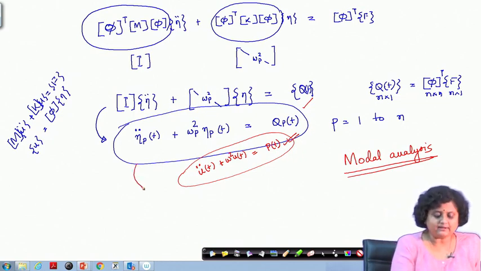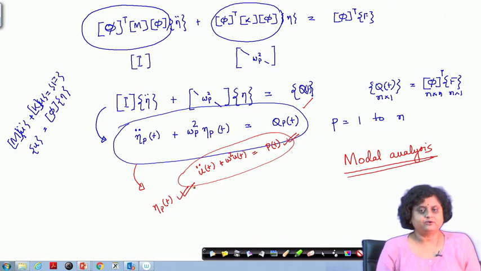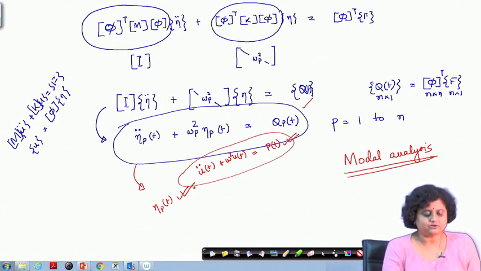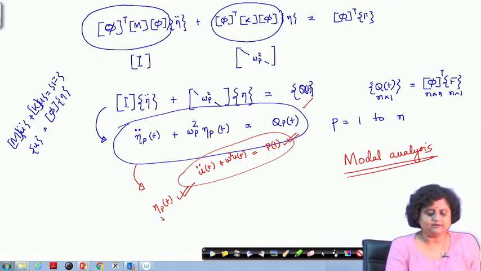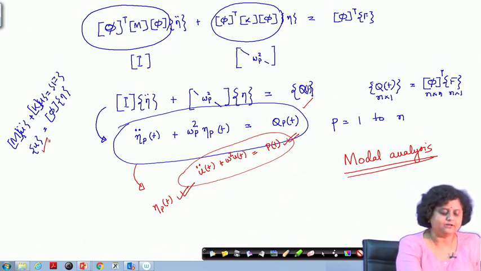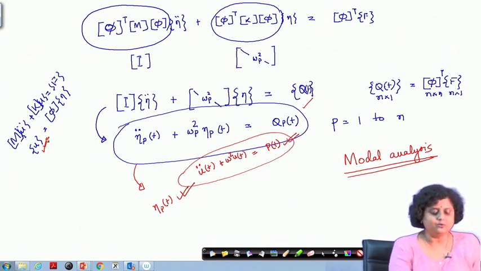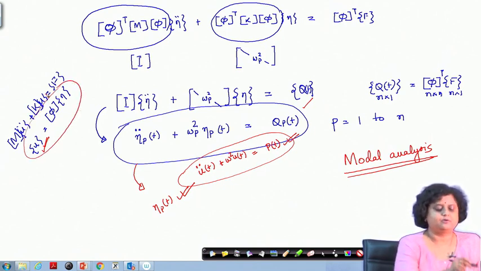If we solve this, we are going to get the value of eta p t, the expressions or values for the natural coordinate. Once we get the values of the natural coordinate, I can obtain my physical coordinate, or the physical degrees of freedom u, by using this transformation.